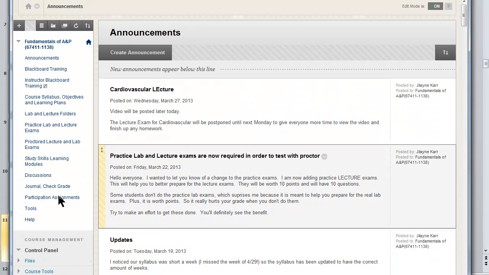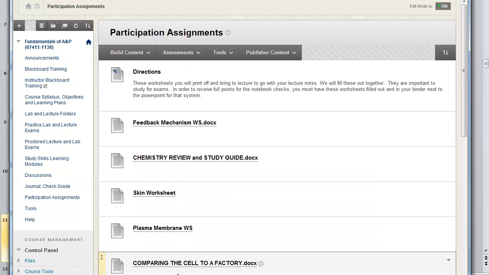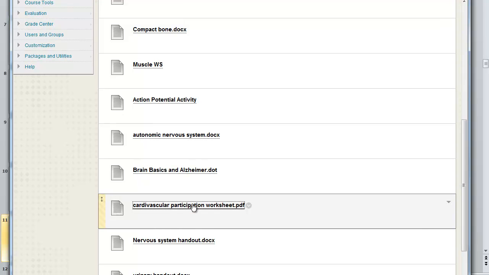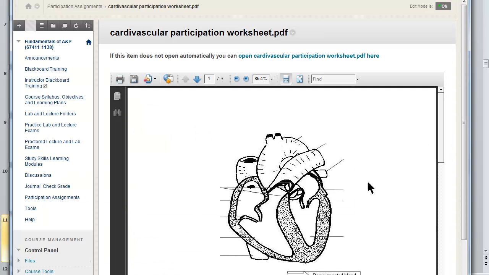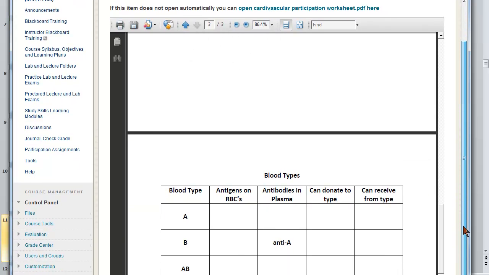In the Blackboard, on the far left side, you see participation assignments. I'm going to open up the cardiovascular worksheet here. I recommend printing this off and labeling it, but we have this page here that has the different blood types.